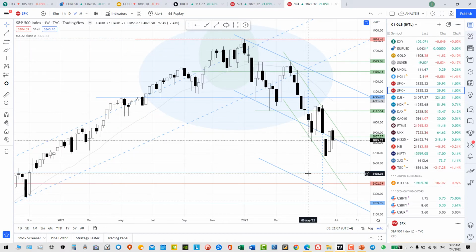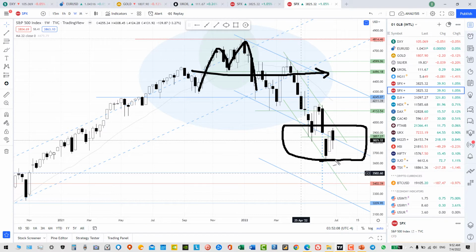Take, for example, we had a clear double top before the trend reversed to the downside. So it's too soon here to talk about any kind of reversal patterns that may lead to the complete reversal of the downtrend. I think 90% of any move against the prevailing trend to the upside will be considered a short-term correction against the prevailing trend, such as what took place here, or such as what took place here.